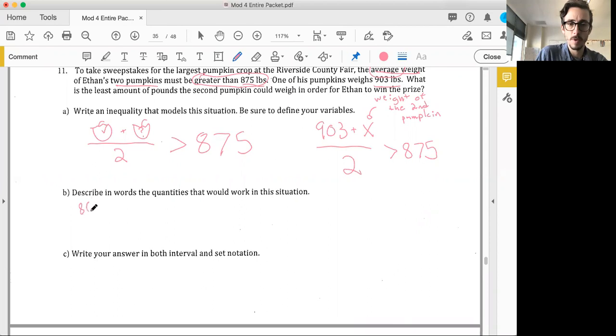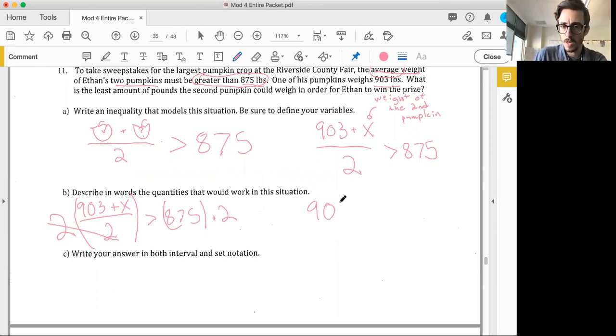So I'm going to rewrite what we have, which is 903 plus x when divided by 2 should be greater than 875. What do you think the first step is that we could do here? Hopefully you're saying multiply by 2. You can do that here, do that here. 2's cancel. This gets us what? 1750.